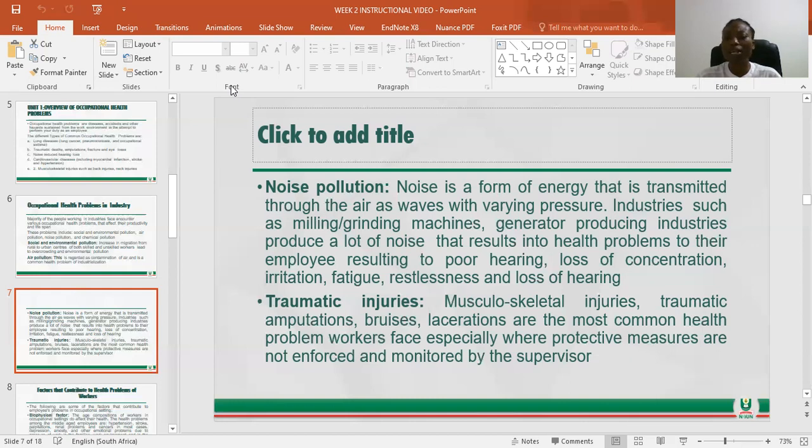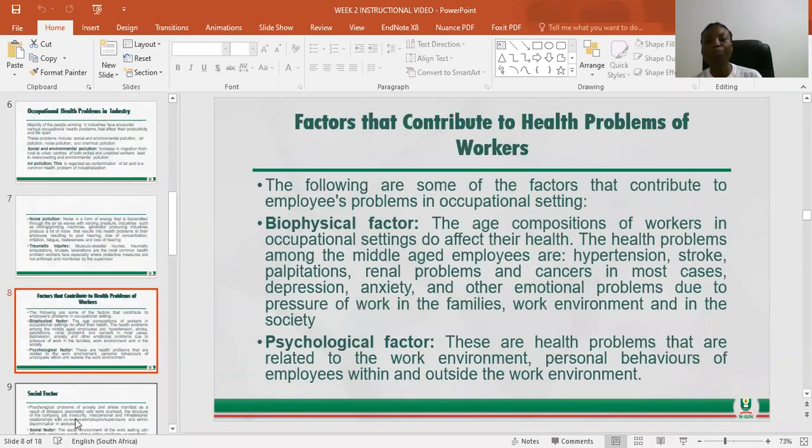These are different health problems that workers face, especially where protective measures are not enforced and monitored. So would you say it is enough for an employer to provide protective gadgets without monitoring whether they are being used or not? What do you think?